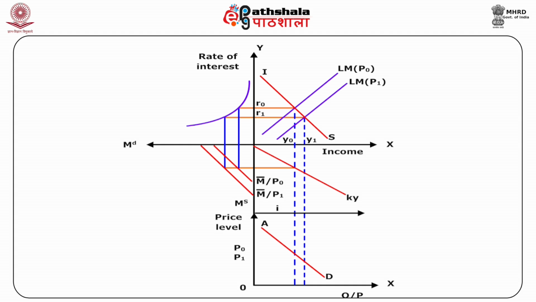So, this shows us that the aggregate demand function is downward sloping. However, it is also important to see how we could derive this with the help of a little bit of algebra.